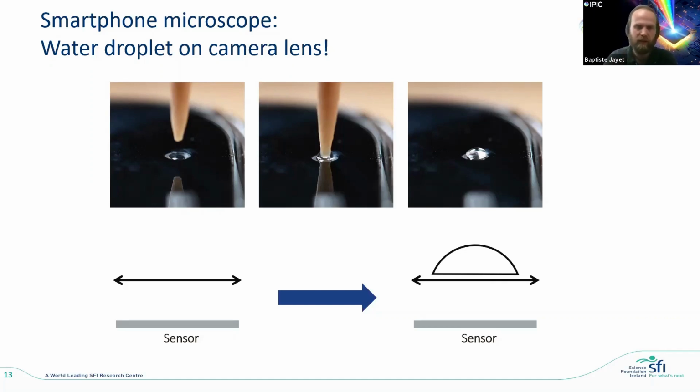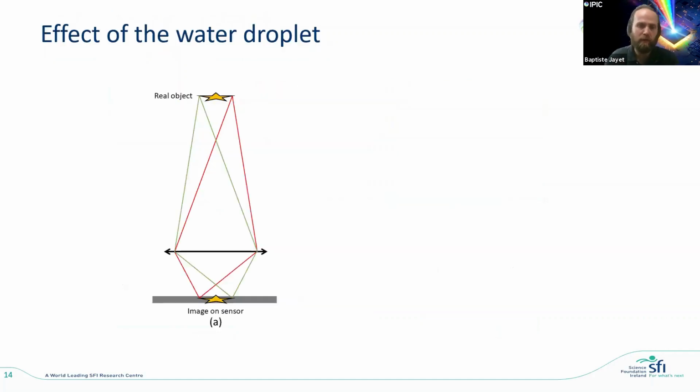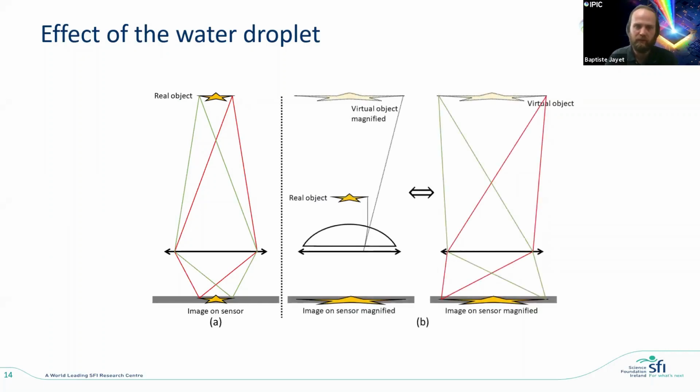So if you can go to the next slide. What's happening is, in normal functioning, you basically have the real object that is imaged on the sensor.